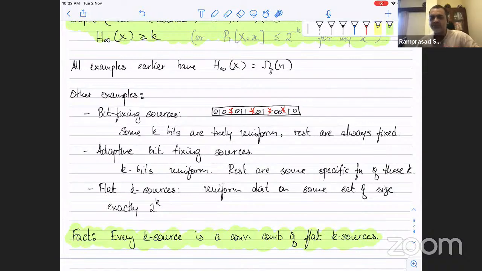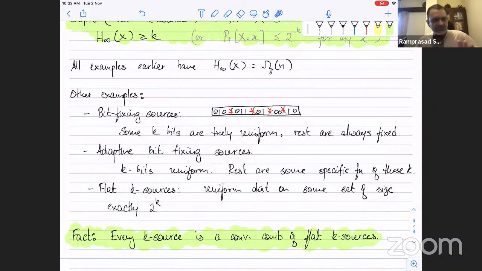One is more geometric and the other is more hands-on. But basically the point is, whenever you think of min entropy, tell yourself it's essentially a flat k source with some small bells and whistles attached to it. And mostly if you come up with an extractor for flat k sources, that's already good enough for min entropy, because any other source is just a convex combination of these. So it will work for any of these other k sources.